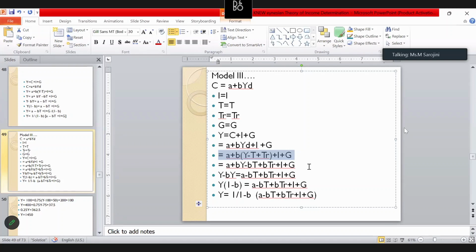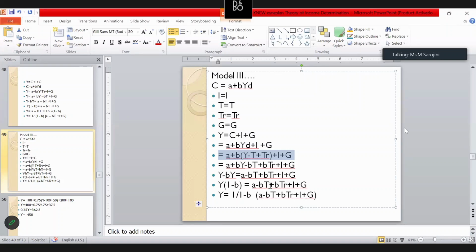Here also there is only one Y. Right? Once we take the BY, it goes to the other side and the balances are there. Here again, the same process that we did previously. Here we can take the Y as common, and Y into 1 minus B, that is equal to these variables.